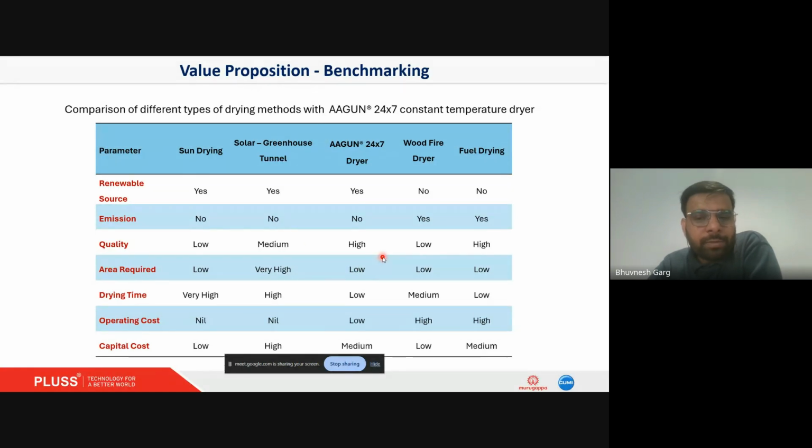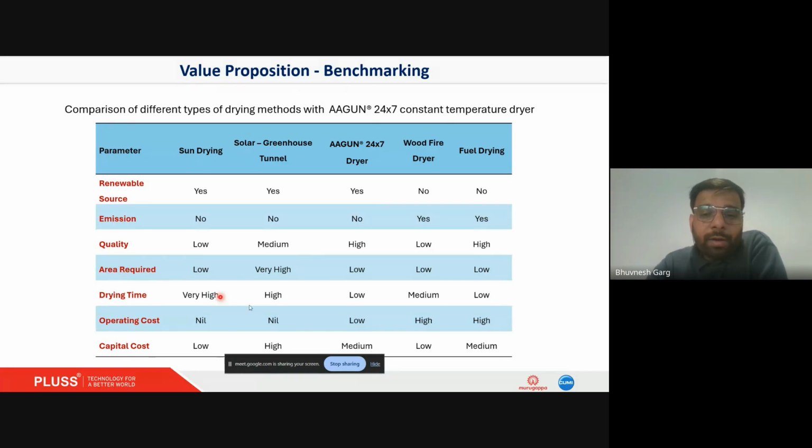So there is high quality which you are able to maintain with your argon dryer, but very low quality is achieved with wood-fired dryer, because the temperatures you are able to maintain in a wood-fired dryer are quite high. It is above 60 degrees, or in the range of 90 degrees, or even sometimes it can go up to 120 or 130 also, which is like charring, like you can say burning your food products sometimes.